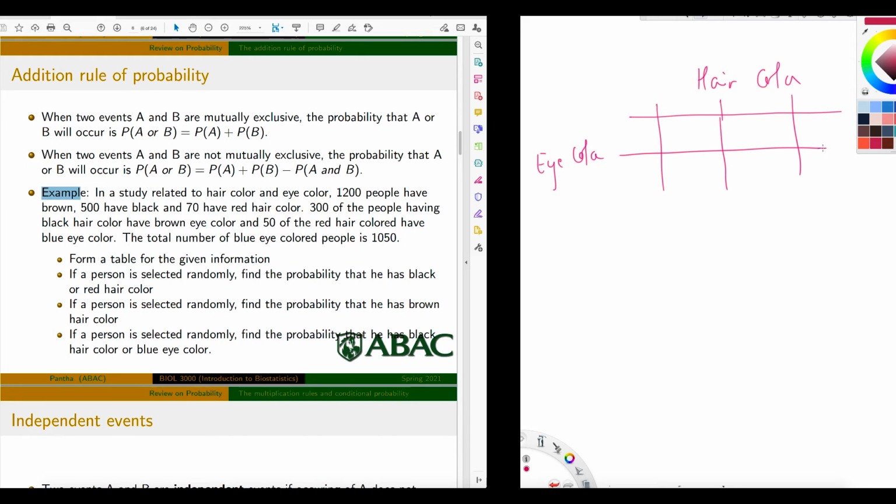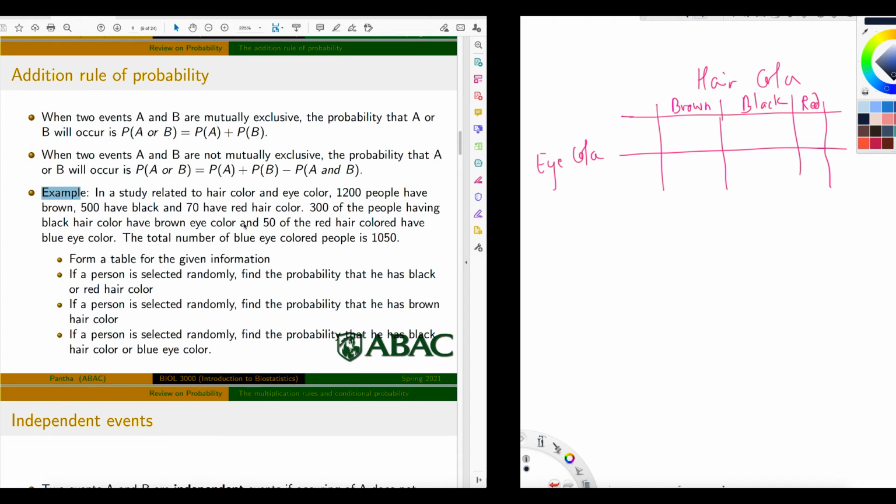So what are the colors of the hair? 1200 people have brown hair, right? And 500 have black. Another one is red. 70 have red. So let me write down red. Okay, all right, so let us put the given things here.